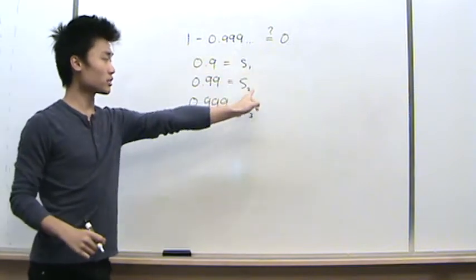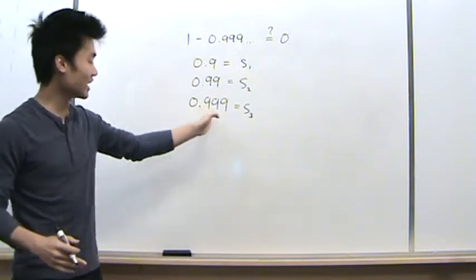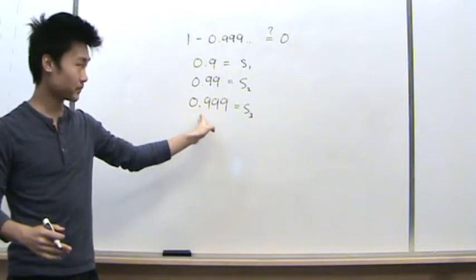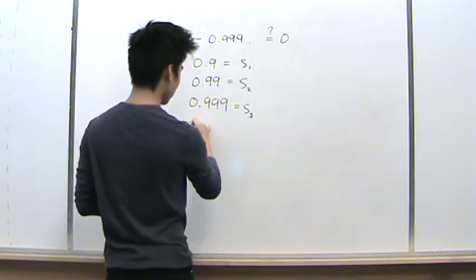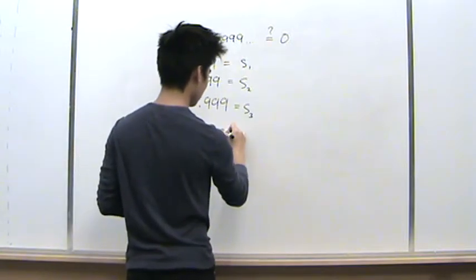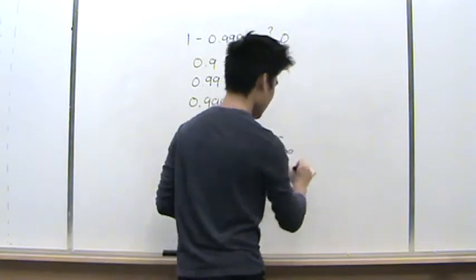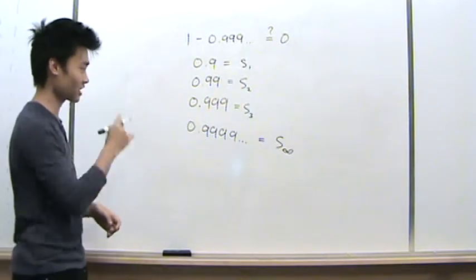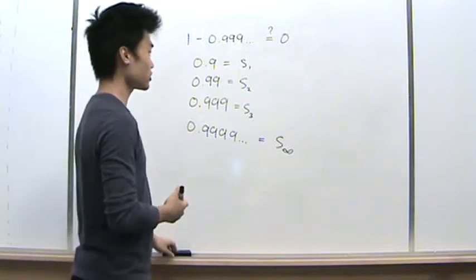So the number in the subscript after S is really telling us how many 9s I'm writing after the decimal point. And ultimately, we want to see what happens when there are infinitely many 9s, and so let's call that S infinity.